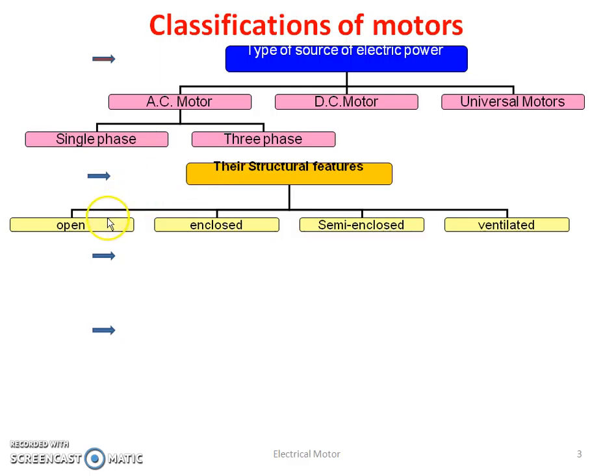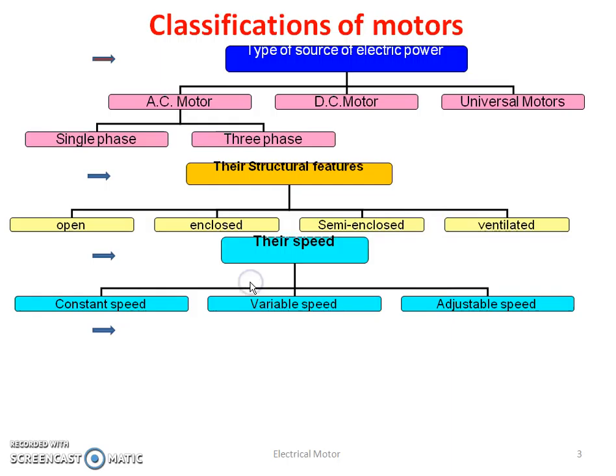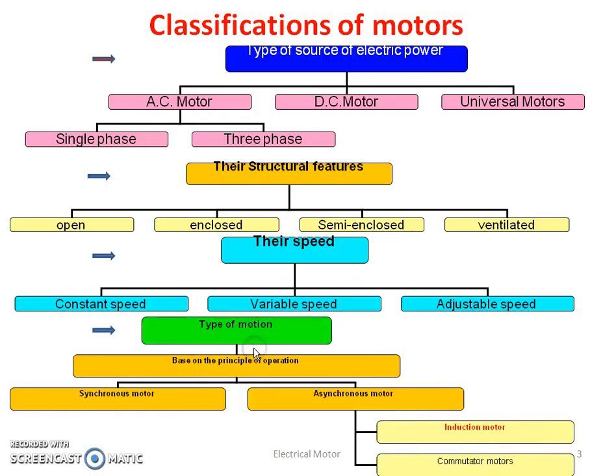Motor may be open, or it may be enclosed, or it may be partly enclosed, that is called semi-enclosed, or it may be ventilated. Third, motors are classified according to speed. Motor may be constant speed, or it may be variable speed, or it may be adjustable speed.